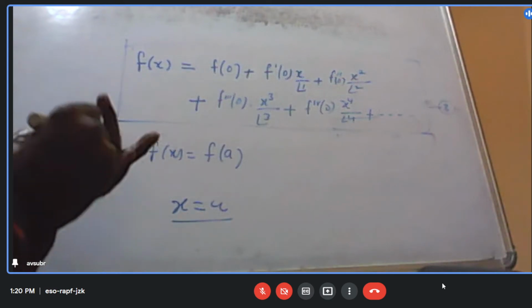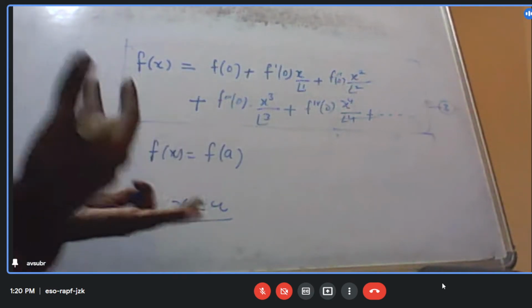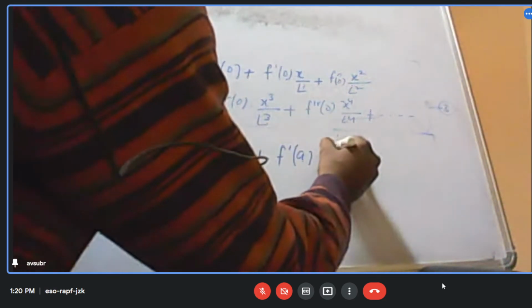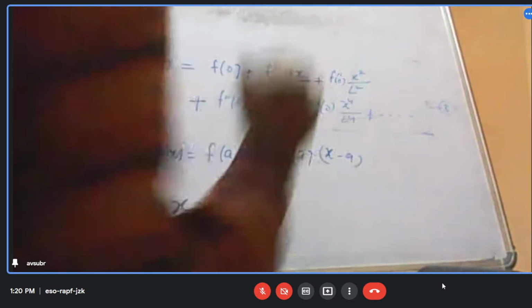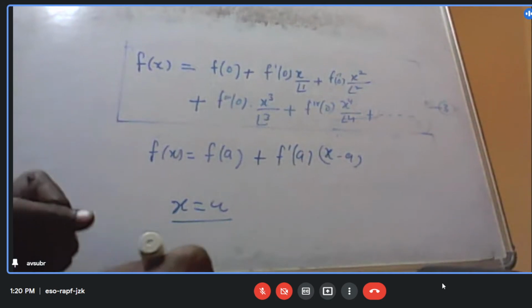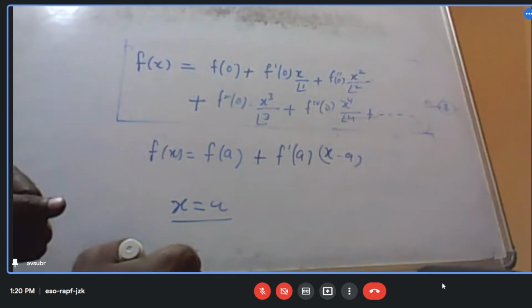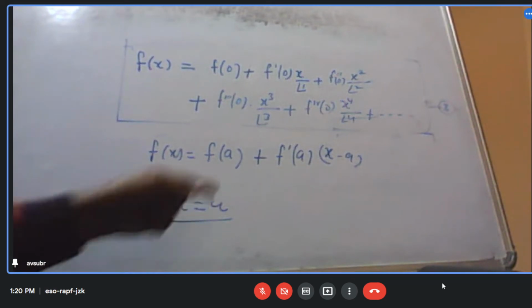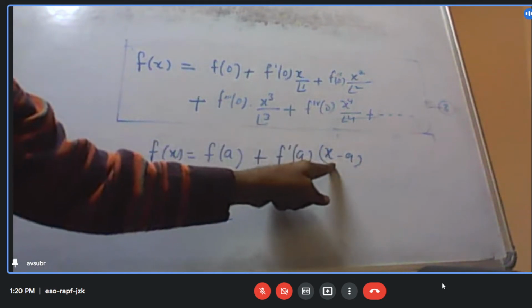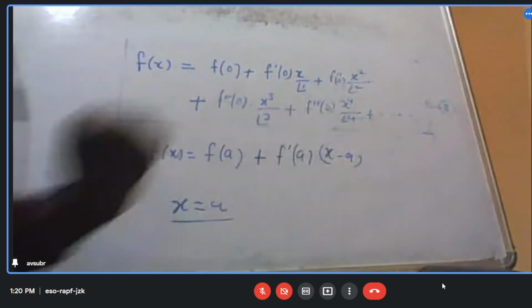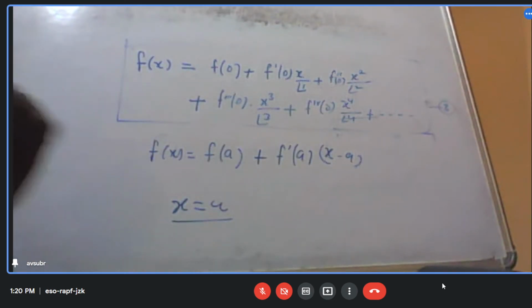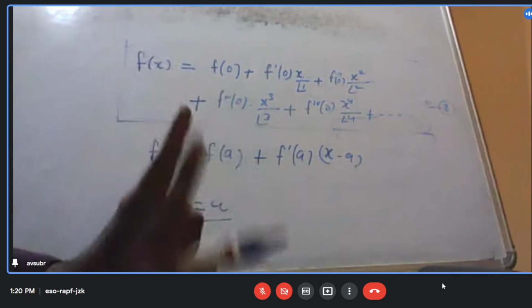So it means if I want to match it at x equal to a, then f prime at a, and this should be x minus a. Because when I put x equal to a, you see this term will vanish and left hand side and right hand side will become equal.